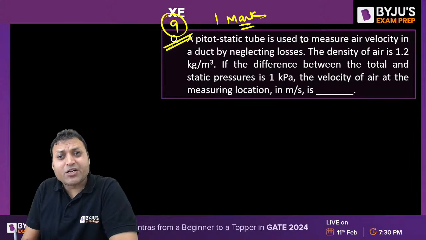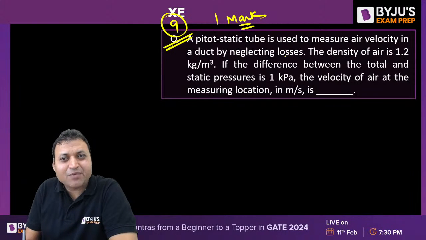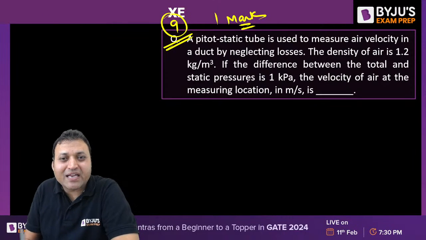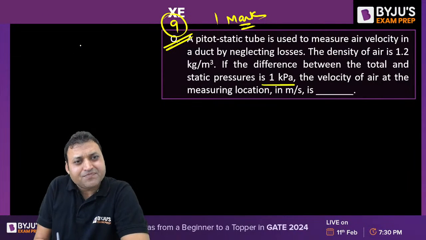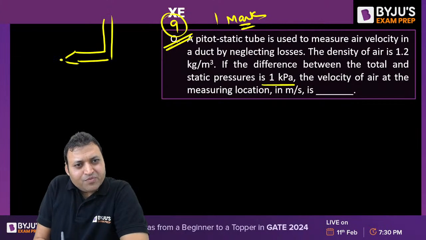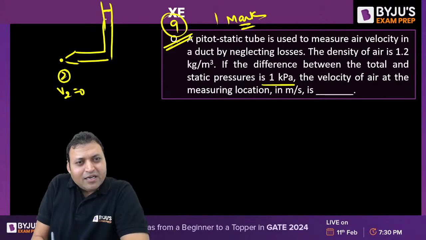A pitot static tube is used to measure air velocity in a duct by neglecting losses. The density of air is 1.2 kg per meter cube, and the difference between the total and the static pressure is 1 kilopascal. So this is the pitot tube. This is point 2, where the velocity is 0, so it will represent the stagnation pressure head or the total pressure head.